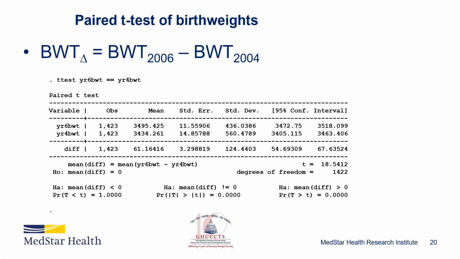You can see here that the year 6 birth weight is 61 grams higher than the year 4 birth weight, and even with our reduced sample size, we still have 1,400 observations in each intervention period. So the difference is statistically significant without much of a problem.